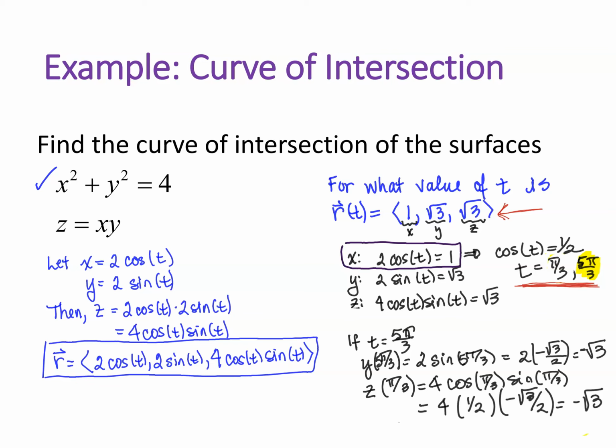So our y-coordinate is now negative square root of 3. Something similar happens here with our z component. So what we know is that this 5 pi over 3 is not a value of t that produces the location that we're interested in. The only value of t that produces the location that we're interested in is t equals pi over 3.